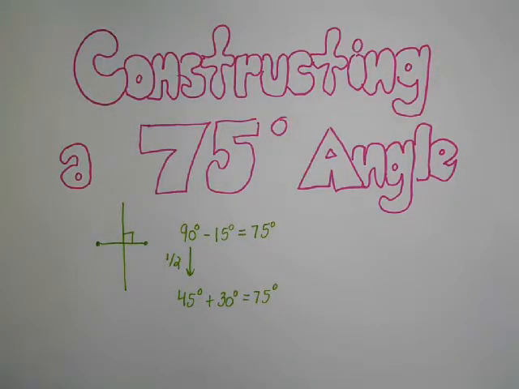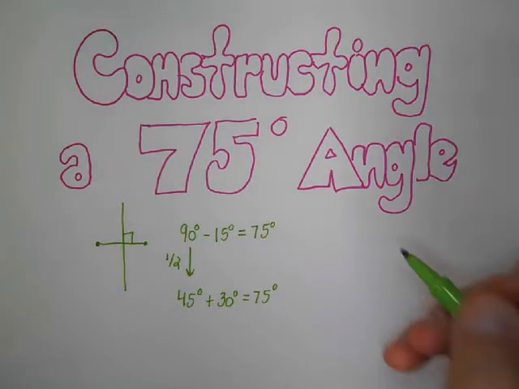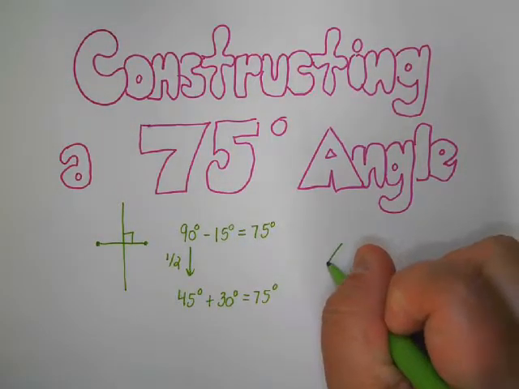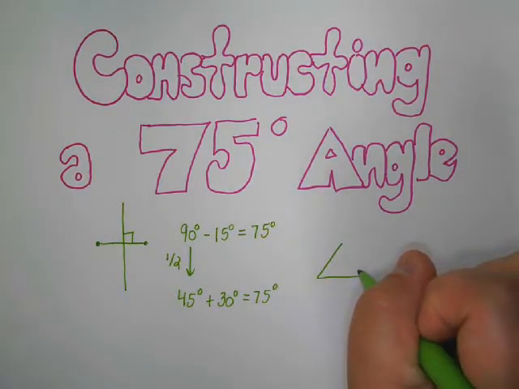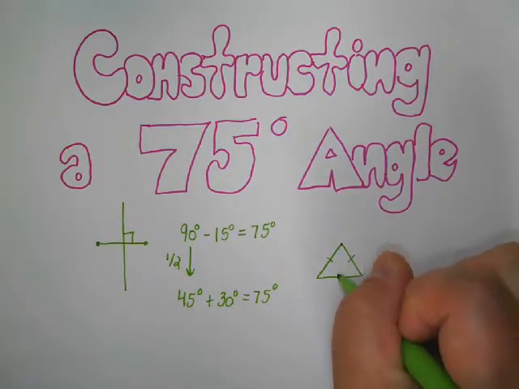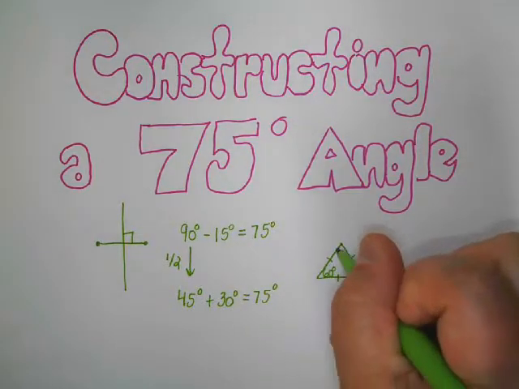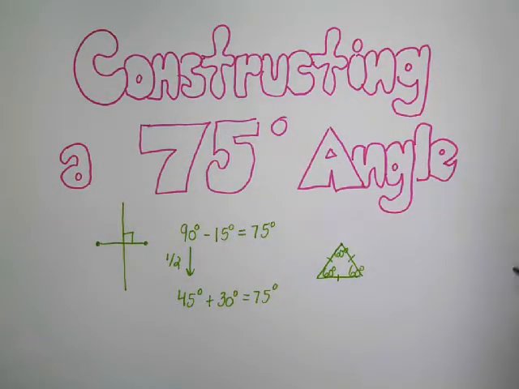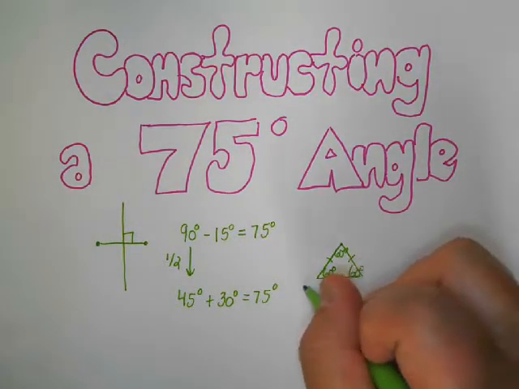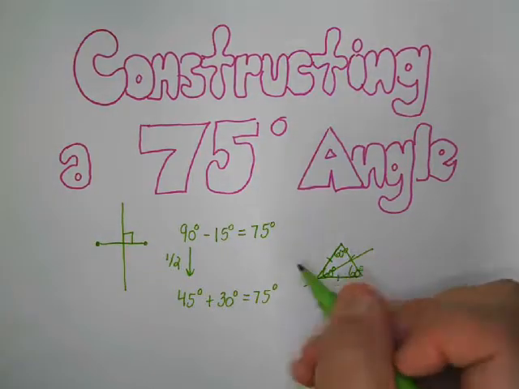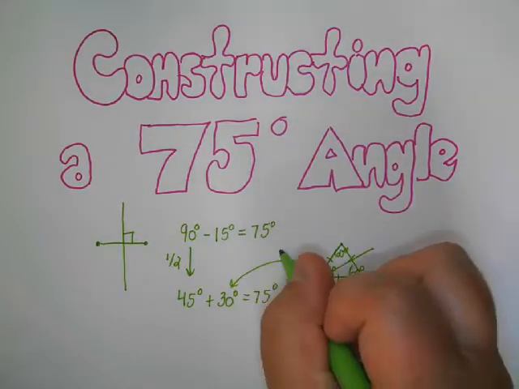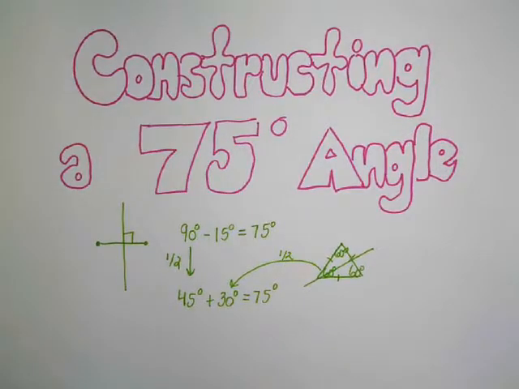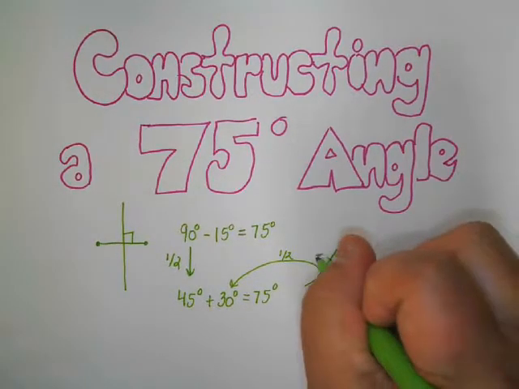Another construction you probably learned early was how to construct an equilateral triangle, which has three 60-degree angles. And if we were to bisect one of those angles, we would get a 30-degree angle. And that's the first part of the construction I'm going to do.